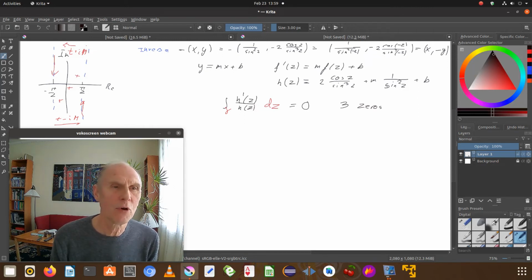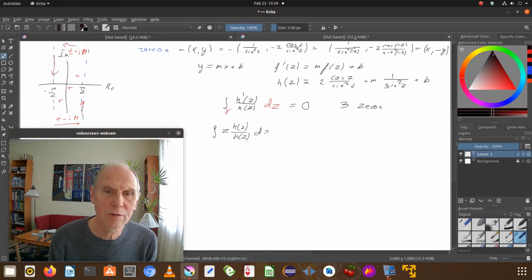And the pole being at 0 is very nice, because then this one will just give the sum of the zeros.